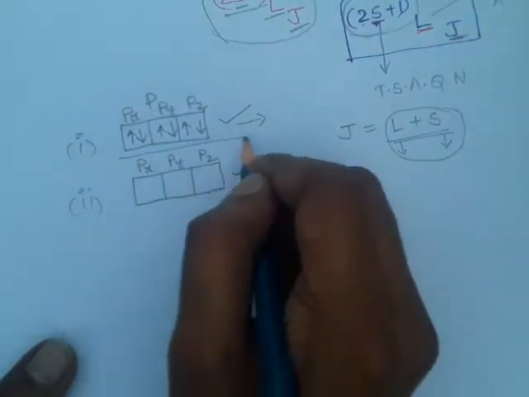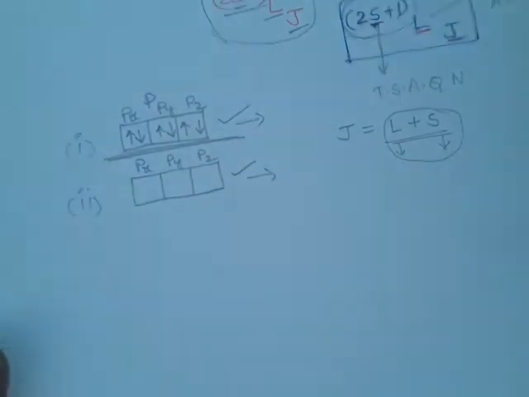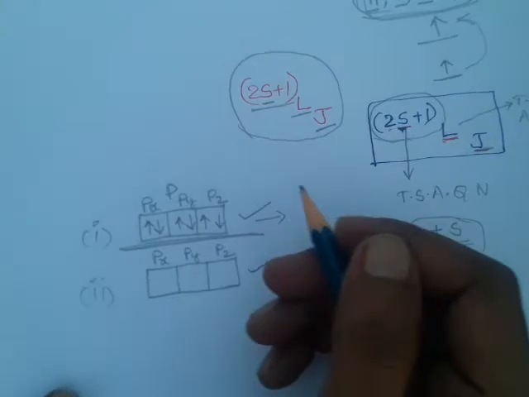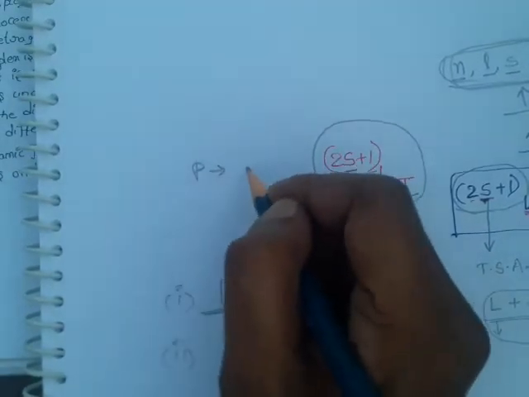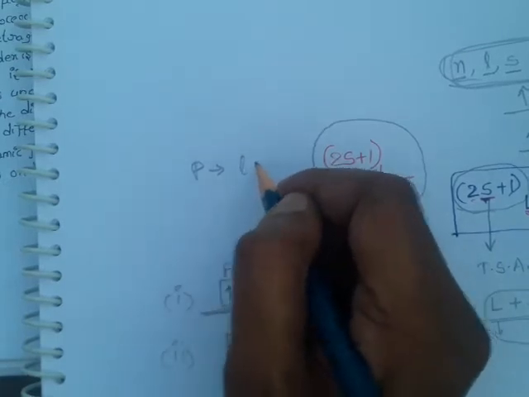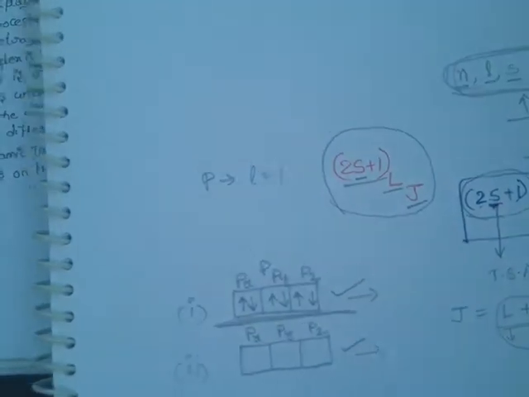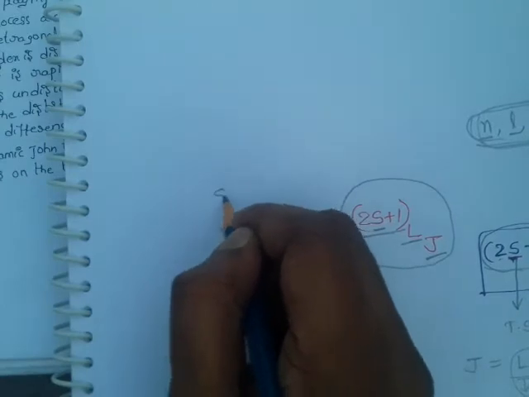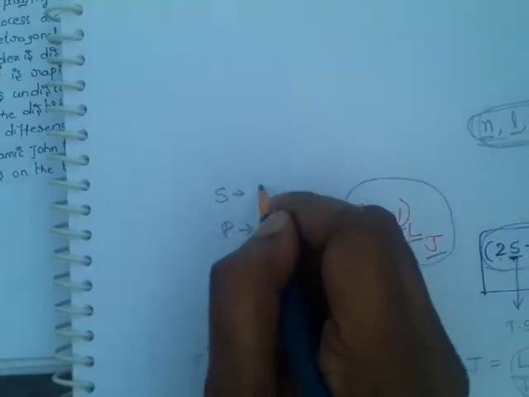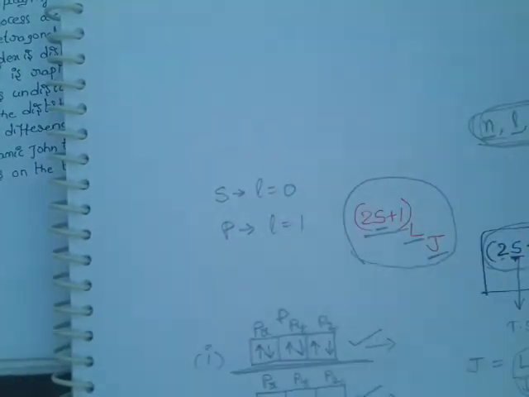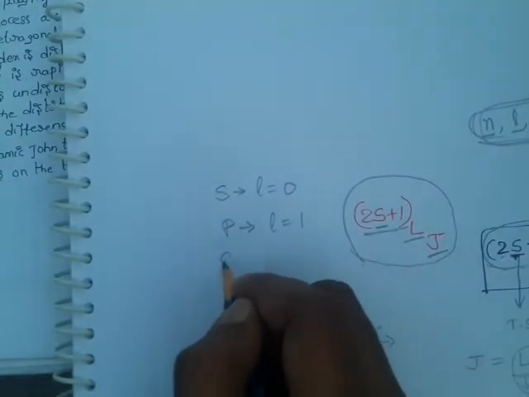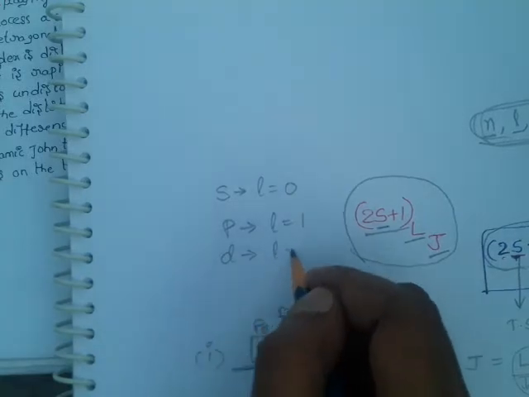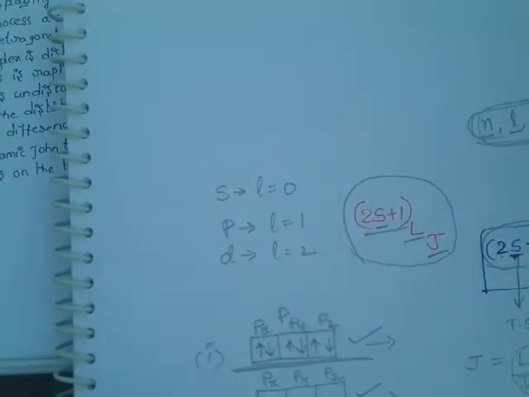So, for this completely filled subshell, what is the L value for a p orbital? L is equal to 1. We know very well that for an s orbital, the L value is 0, for a p orbital L is equal to 1, and for a d orbital L is equal to 2.